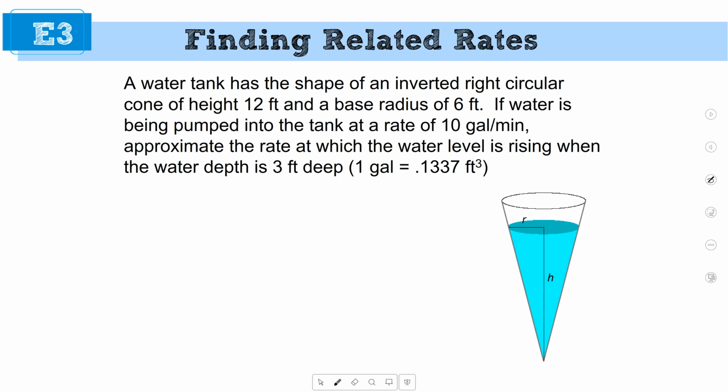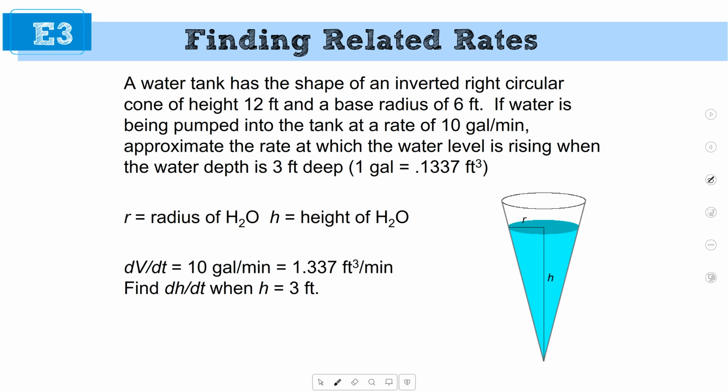Okay, so there's my picture. There are my variables. Oh wait, I have another variable. Wouldn't volume be another variable? Yeah, I forgot to list volume. V for volume. What do I know? I know dV/dt, and I did the conversion now, so I don't have to do it later.